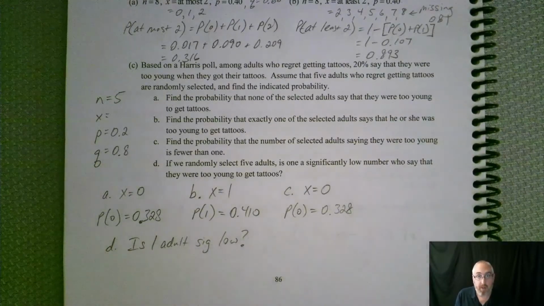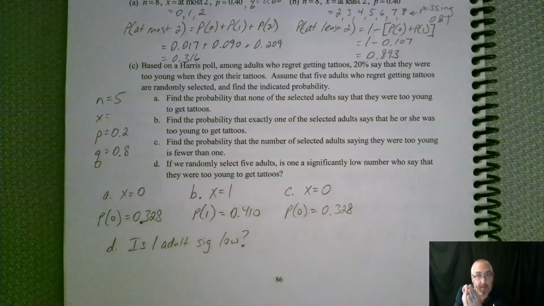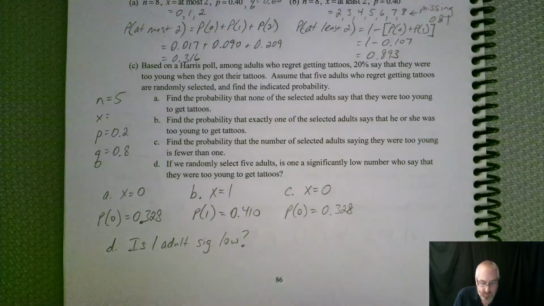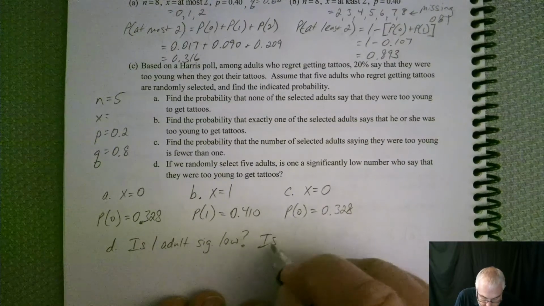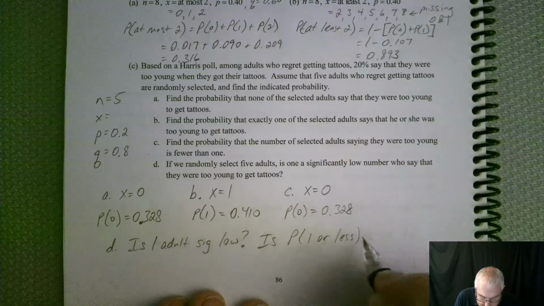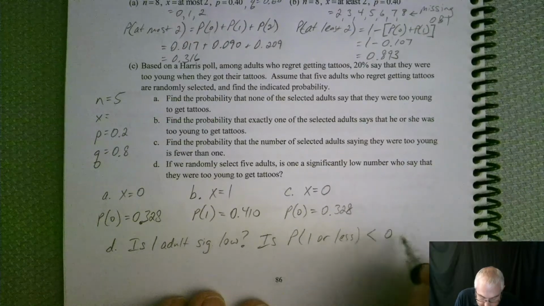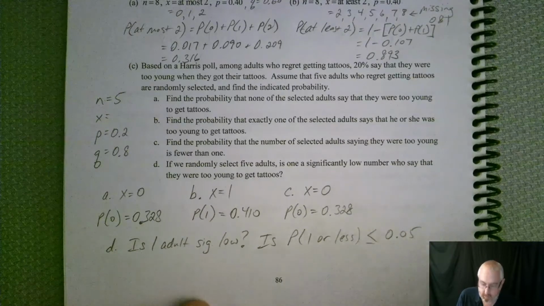So the only thing we can look at is probabilities. So in this case, we have to look at the probability of 1 and all probabilities below it. So really the question is, is the probability of 1 or less than 5%, less than or equal to 5%? That's the question.